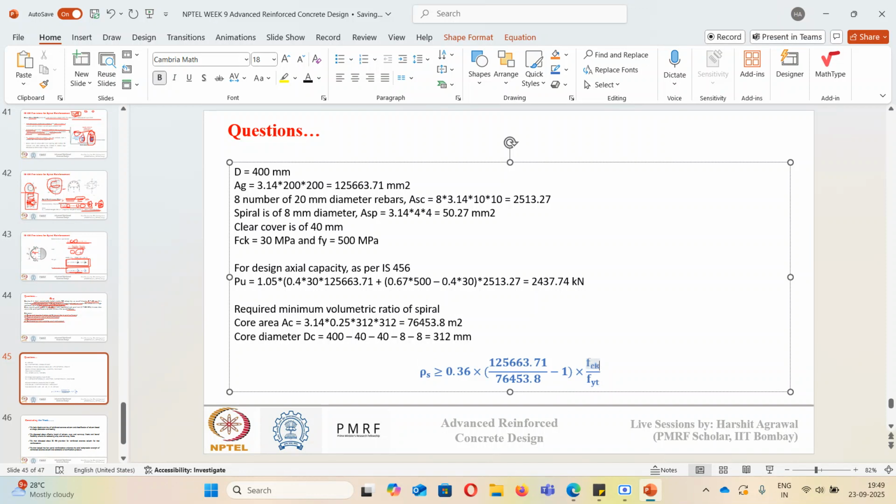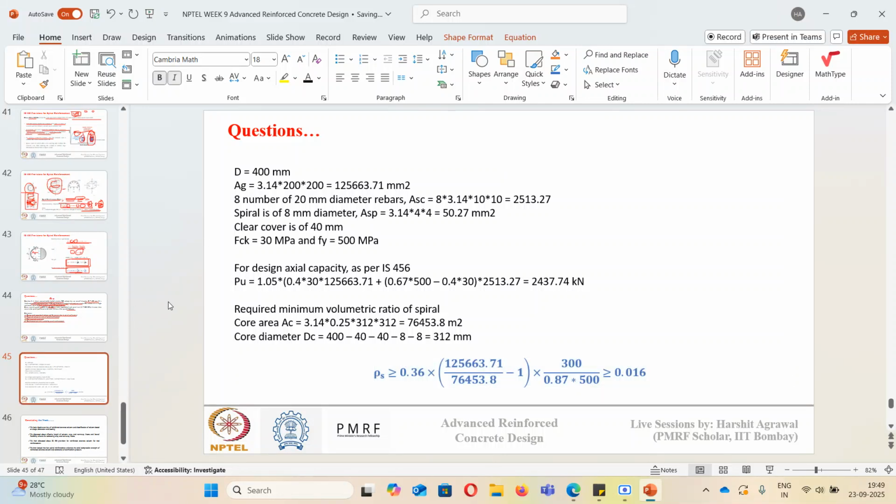FCK is given to us, it is 30, and fyt will be 0.87 times fy, so 0.87 times 500. So this rho s value will come out to be greater than or equal to 0.06016. This is the minimum spiral reinforcement ratio that we need to provide.